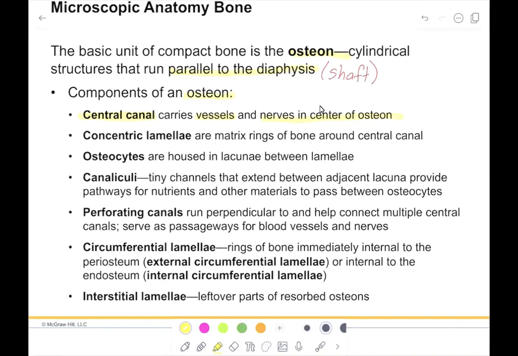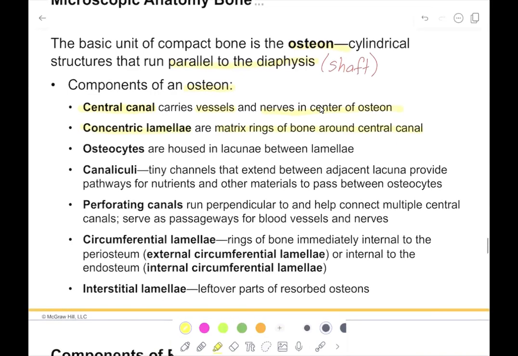Surrounding that central canal in rings are called concentric lamellae. They are matrix rings of bone around the central canal. And then within lacunae are these mature bone cells called osteocytes between these lamellae. Connecting adjacent spaces called lacunae are tiny canals called canaliculi.